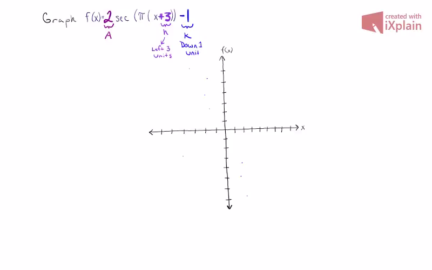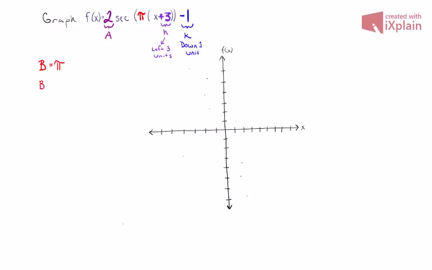And lastly, we have a horizontal compression of pi. So what we want to remember here is that it is the b, so in other words, our horizontal compression is represented by the variable b. So this is not our period. We need to use this component in order to figure out what the period is.